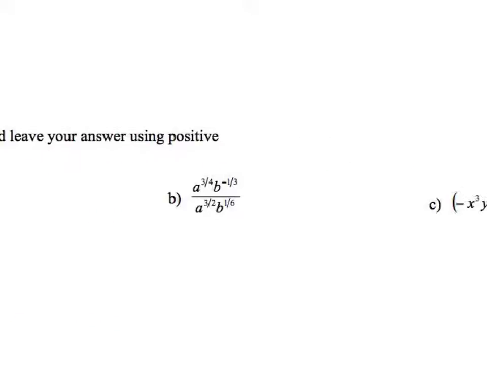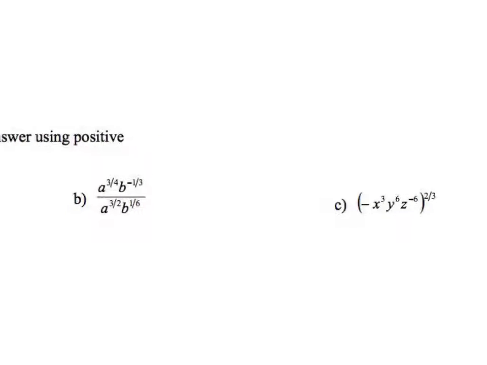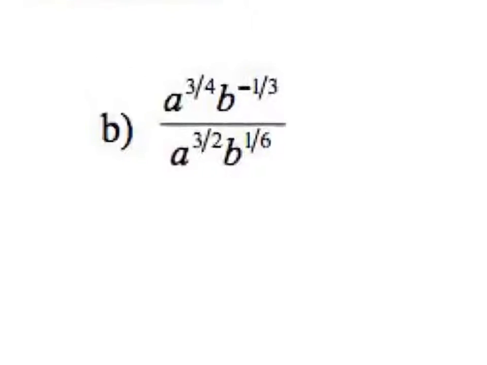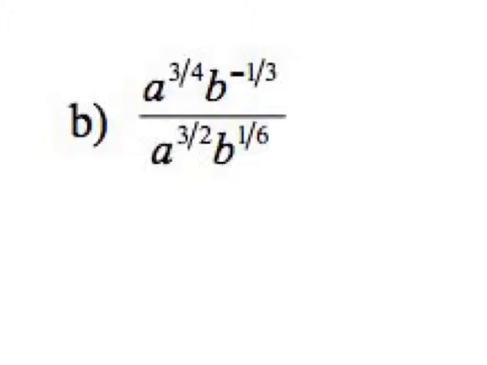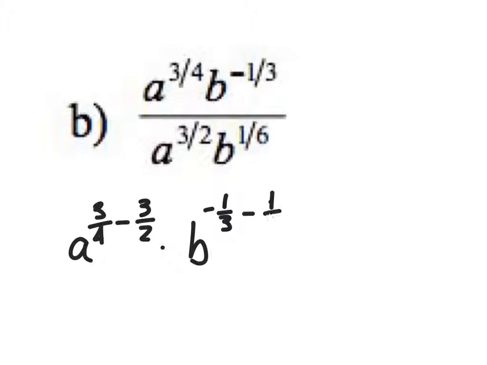Now with part B, what I want to do is subtract my exponents. I've got to combine my a's and then my b's. My first step would be this: for a, I'm going to do a to the 3/4 minus 3/2 power times b to the negative 1/3 minus 1/6 power.